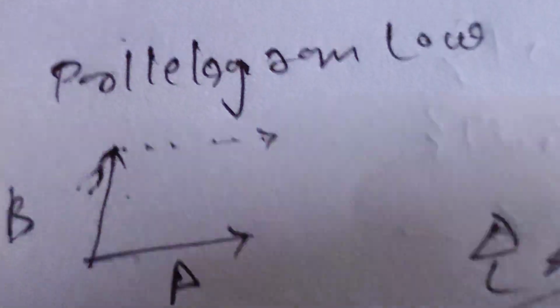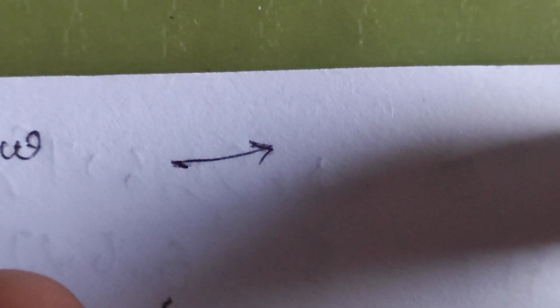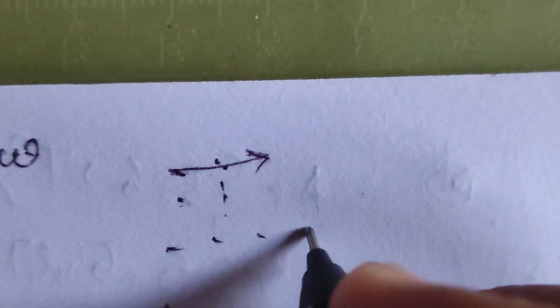If you shift the vector to the upper side, a vector placed in a different position, we only move it.